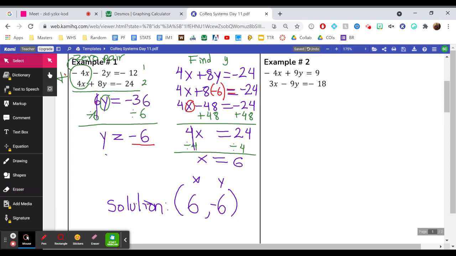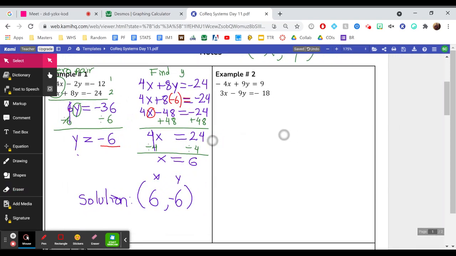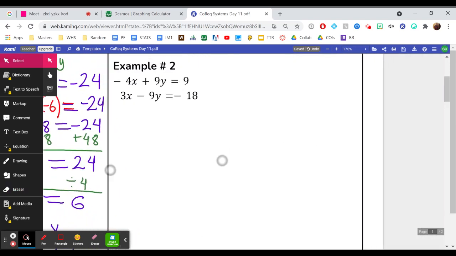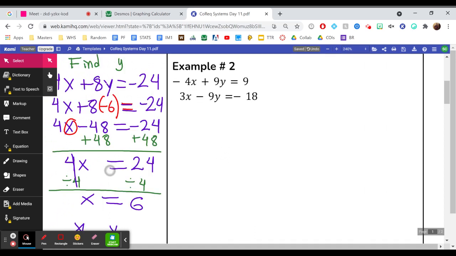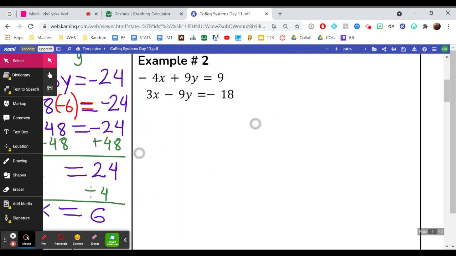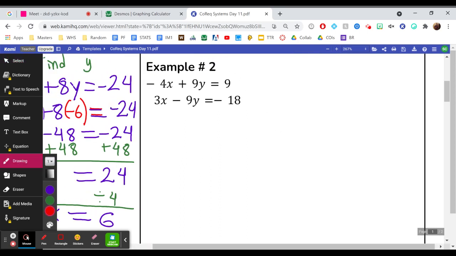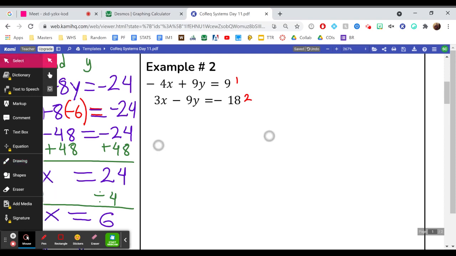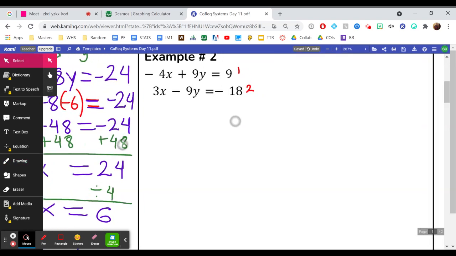In example number 2, now I have negative 4x plus 9y is equal to 9 as my first equation. Then for my second equation, I have 3x minus 9y is equal to negative 18. Okay, so those are my two equations for this example.